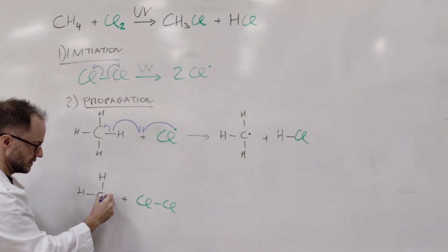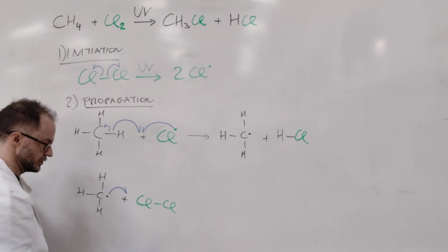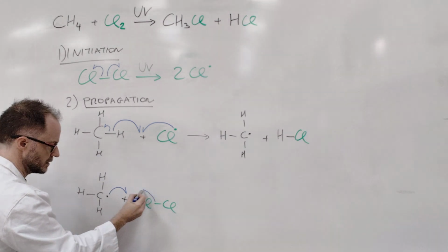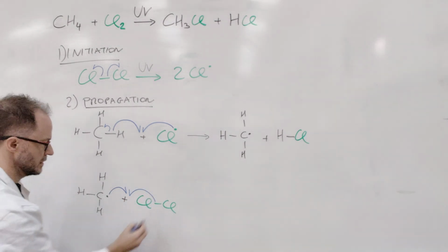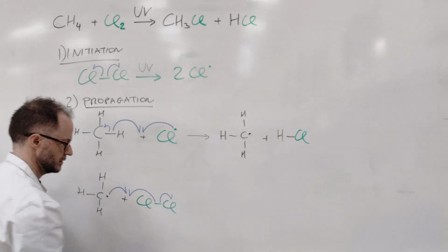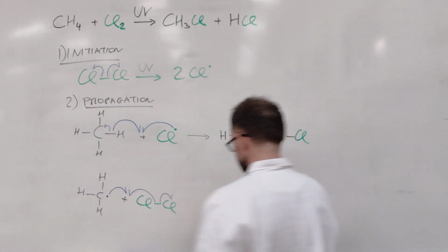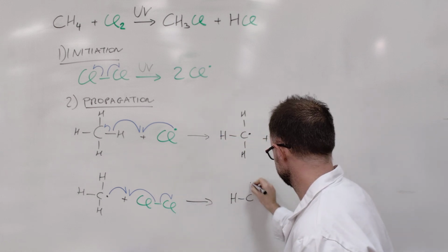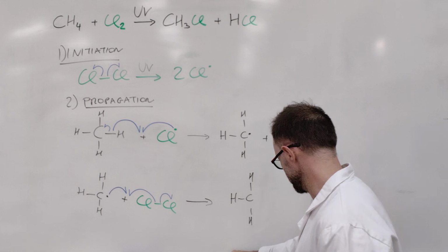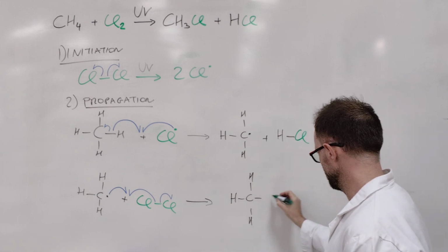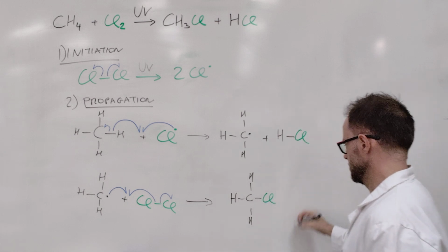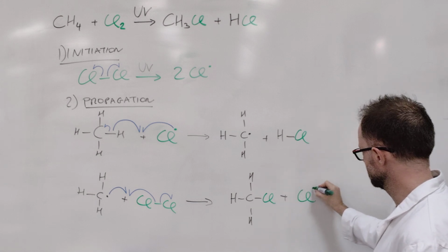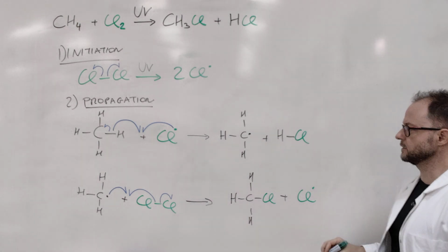This electron moves to the shared space between the carbon and the chlorine. This electron here shifts here, and this one remains on the chlorine. And what we have now is one of the products, which is chloromethane, and we have just regenerated the chlorine free radical.